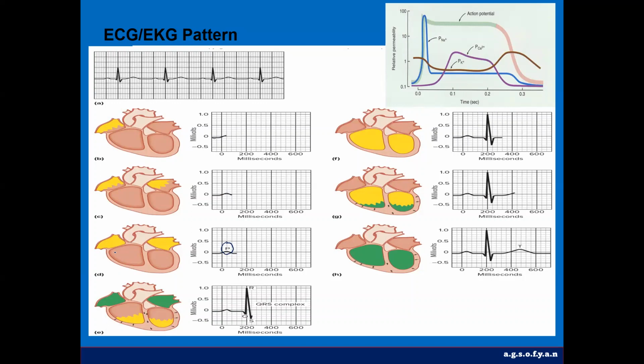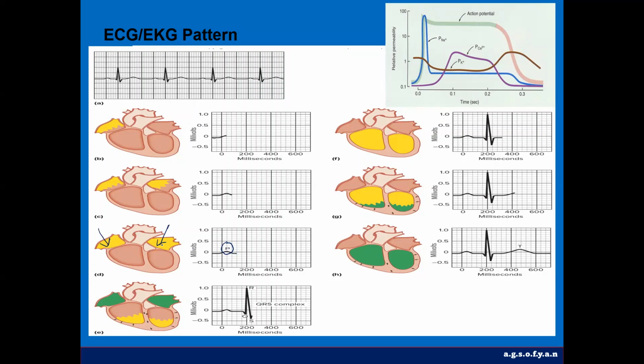So when the blood is full, the wave is going down, the sodium channel closes, and sodium will decrease. But at that time, the right atrium and left atrium will be contracted.